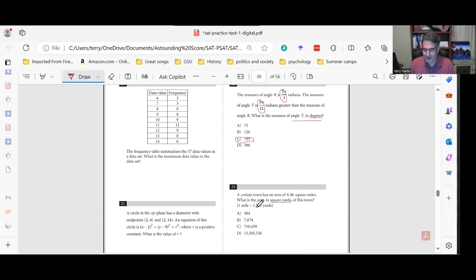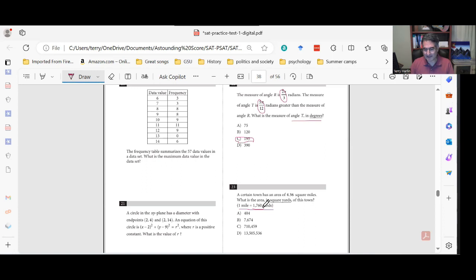Perfect example. What is the area in square yards of this town? One mile is this many yards. A certain town has an area of 4.36 square miles. Now look at my answer choices. This one is really one of the easier ones to use estimation and common sense with, because I'm going to have to square this number to know how many square yards there are in a mile.